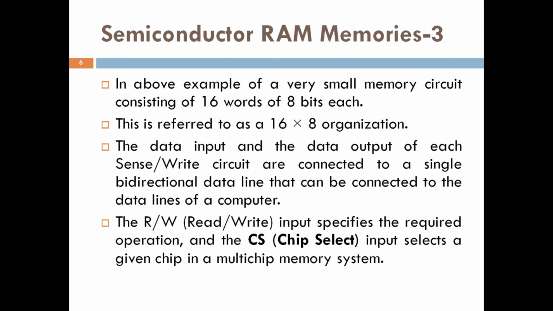This is referred to as a 16 by 8 organization, meaning this memory chip, as it consists of 16 words of 8 bits each, is normally referred to as a 16 by 8 organization.